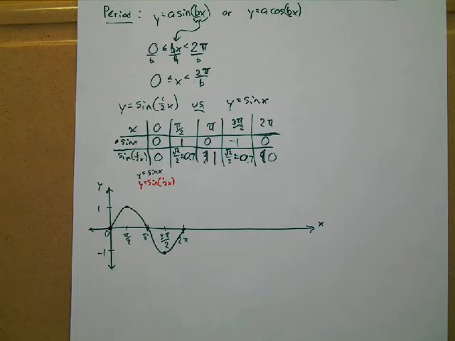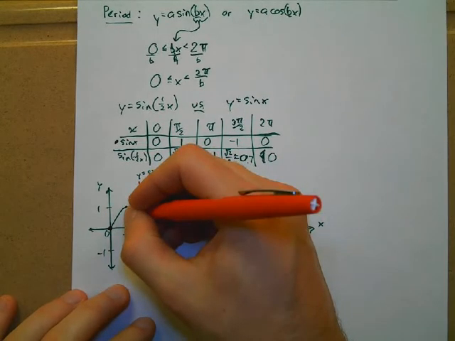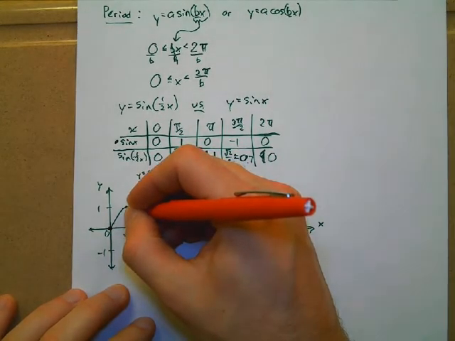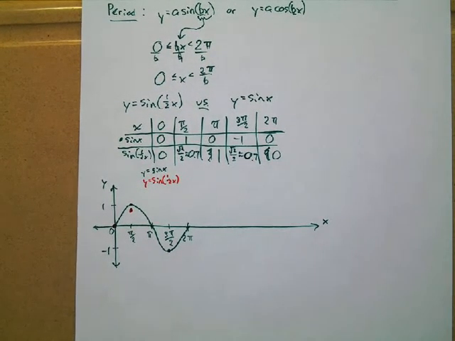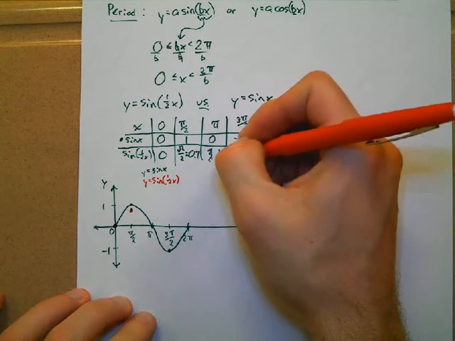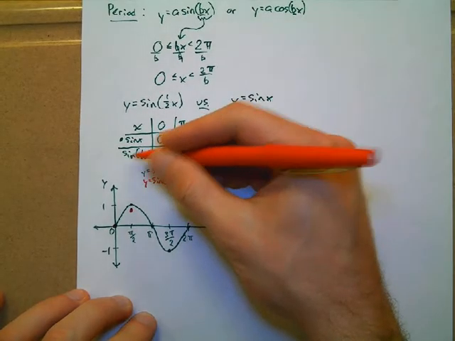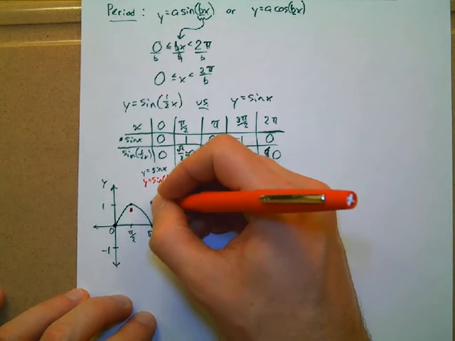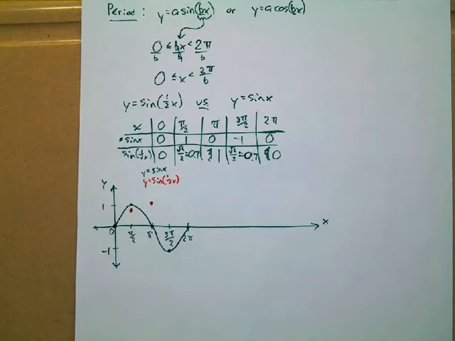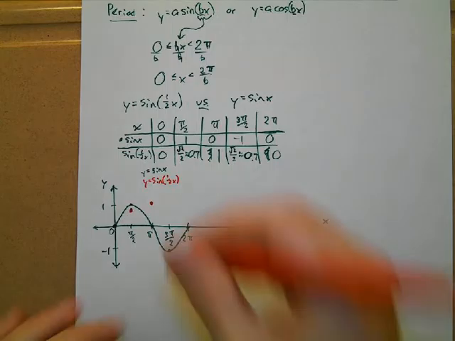At that pi value, we're really evaluating sine of pi over 2, so that's why we get the 1 there. And then at 3 pi over 2, it's really 3 pi over 4, which is again 0.7, so roughly the same height there. And then at 2 pi, we multiply that by 1/2 is pi, sine of pi is 0, so we're back to the 0 again. And so it's going to look something like this.